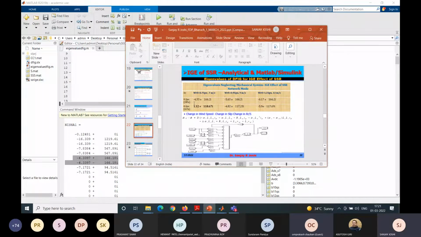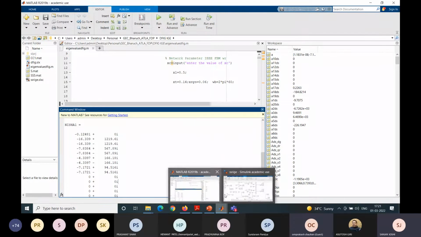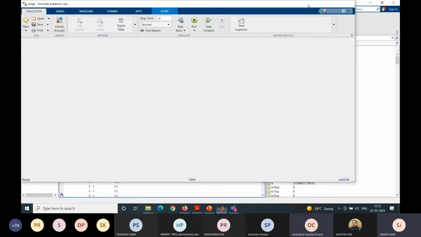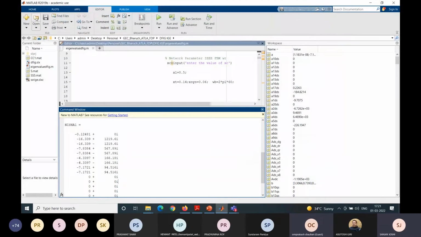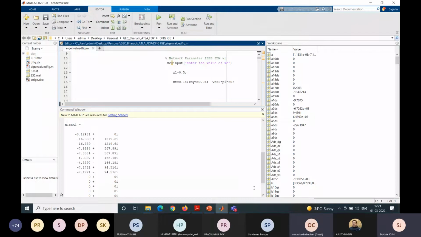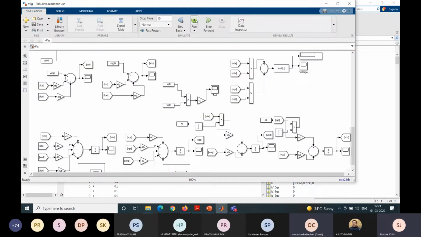Right, and now we will run with the 0.3 PU. First we will run this case particularly. This will close. Fine.